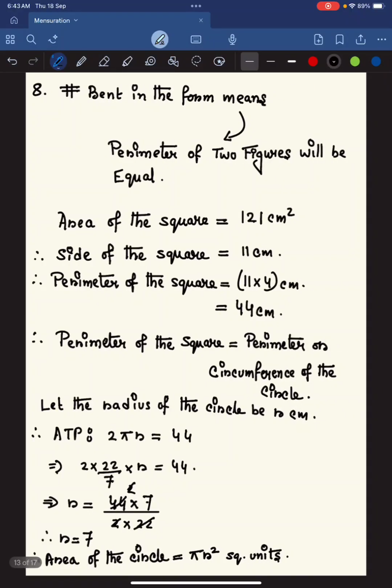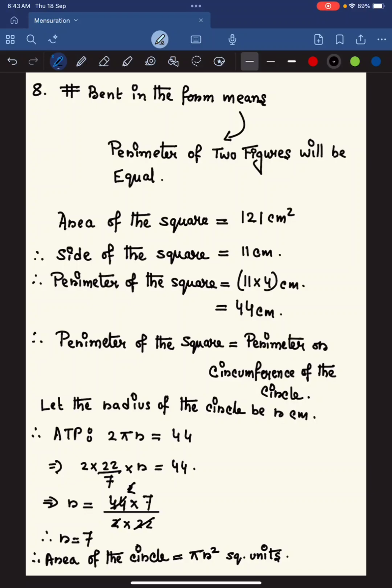Understood? Okay, let's come to question number 8. It is said that a copper wire, when bent in the form of a square, encloses an area of 121 centimeter square. Now, if the same wire is bent in the form of a circle, find the area of the circle.